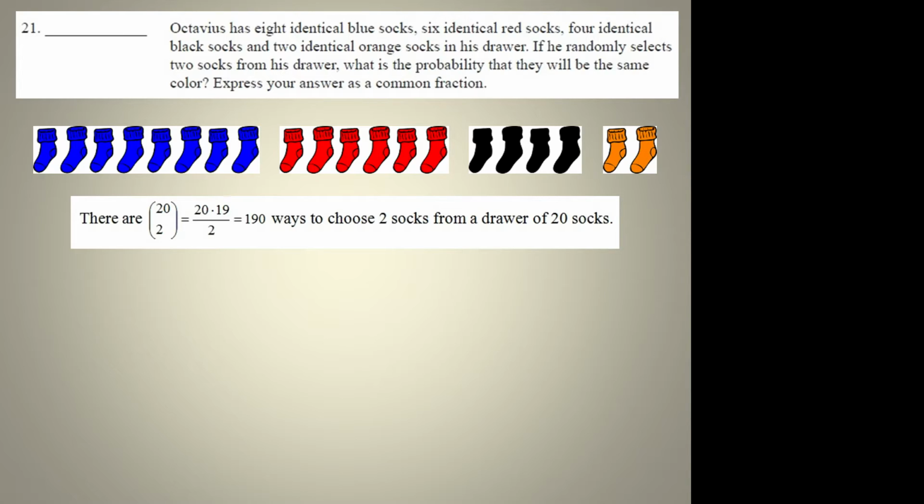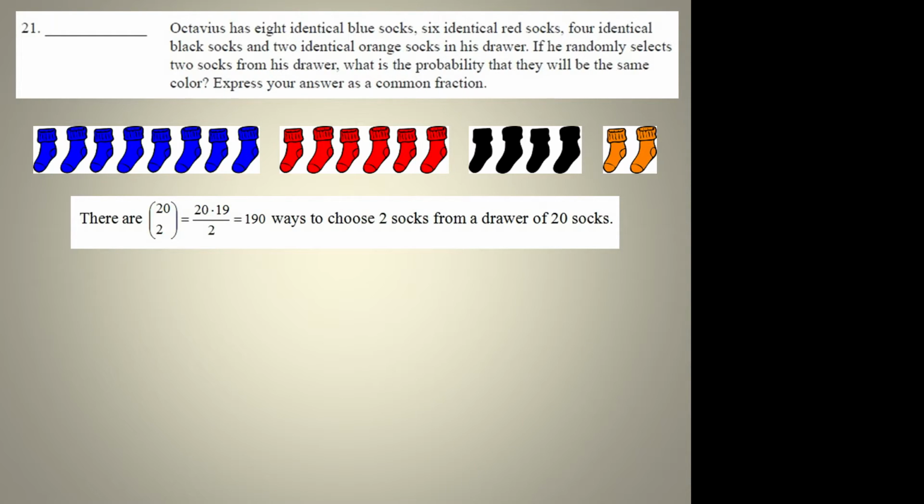So the total number of choices will be 20 times 19. That's the multiplication rule.